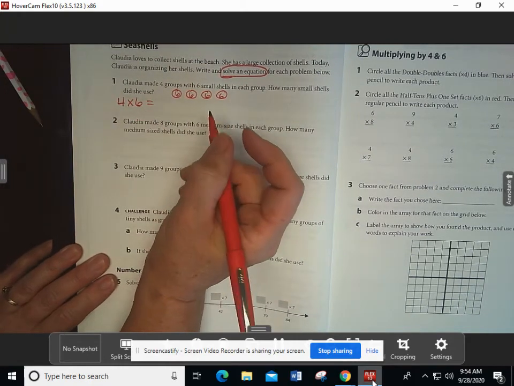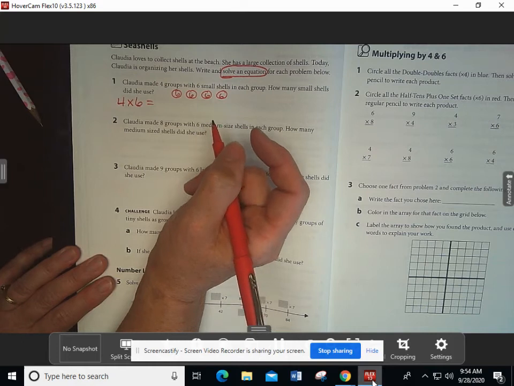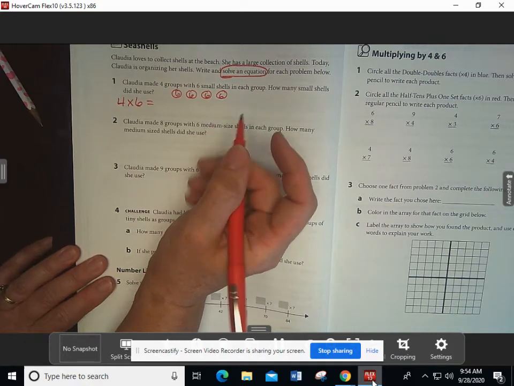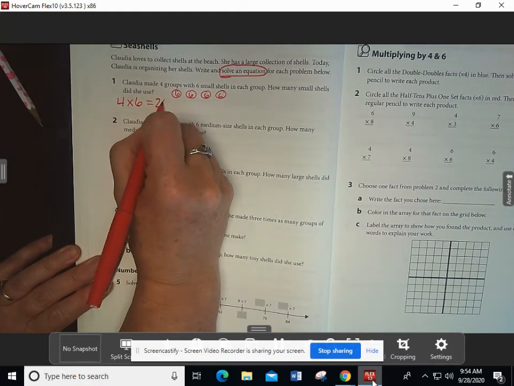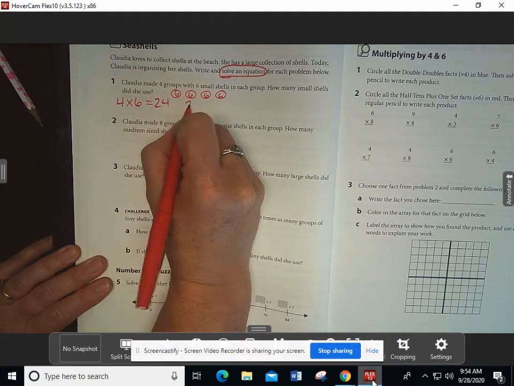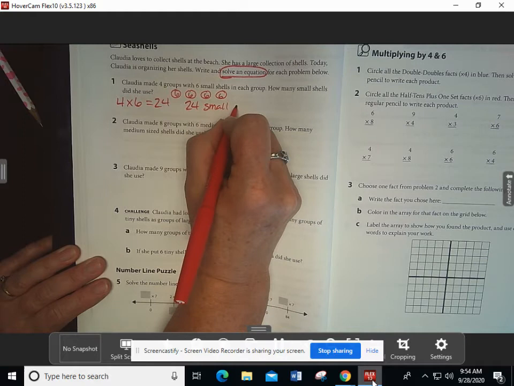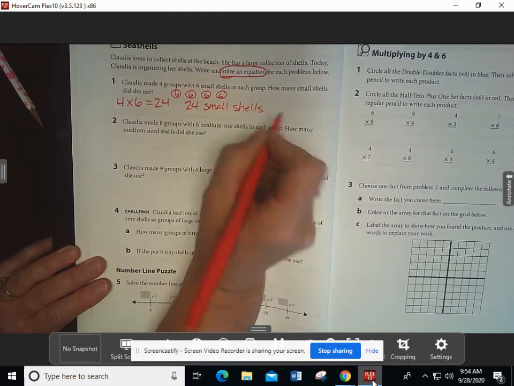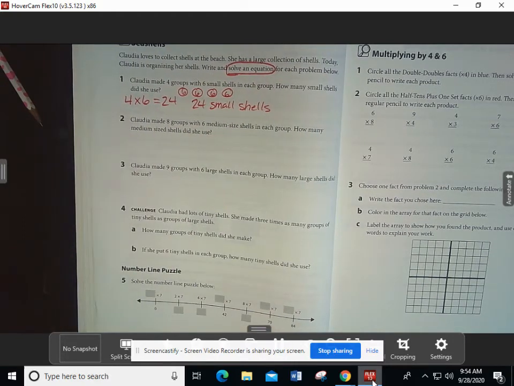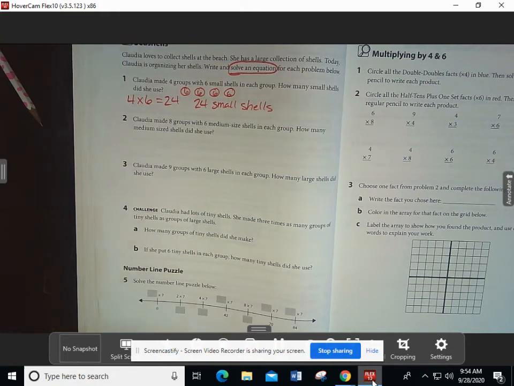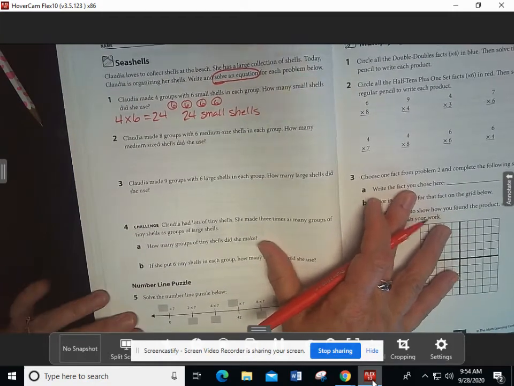What is 4 times 6, everyone? Anna? 24. So we have 24 small shells. How many of you actually wrote down what 24 meant? We tend to skip that part.